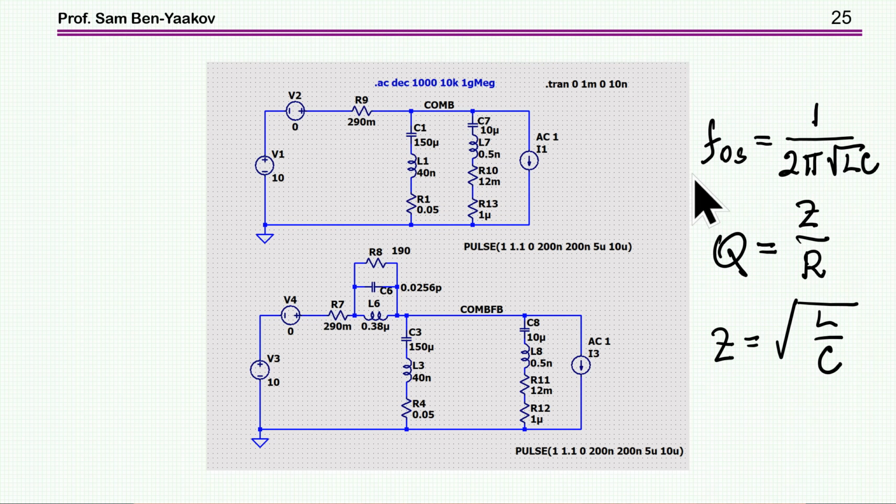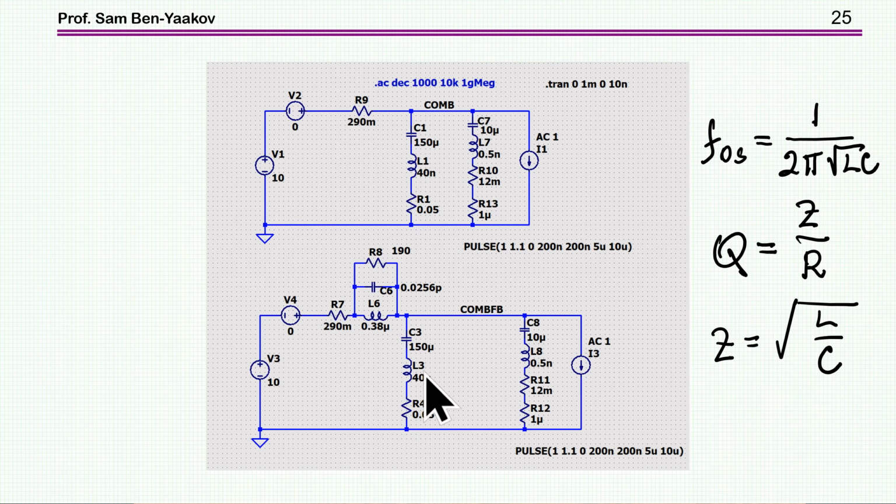Secondly, the Q of the system, which is Z over R, is going to be smaller because Z is the square root of L over C. Now I've increased C, so Z, the characteristic impedance, is now much lower.